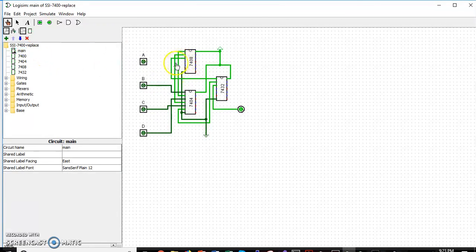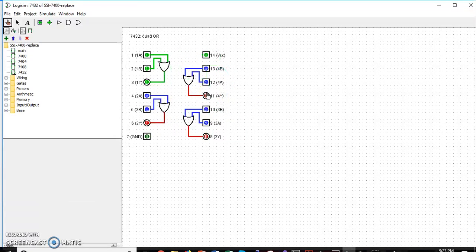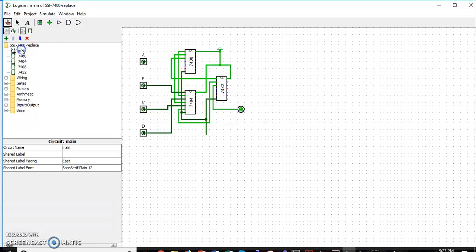This output goes over here into the 7432, which is our OR gate. And so that's just how you build that.